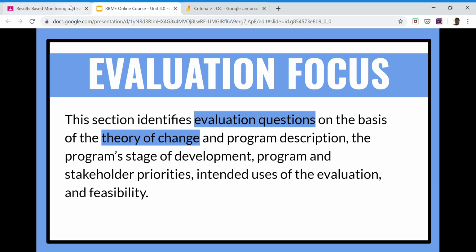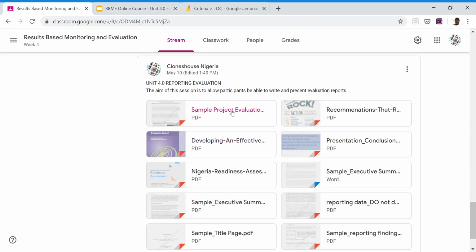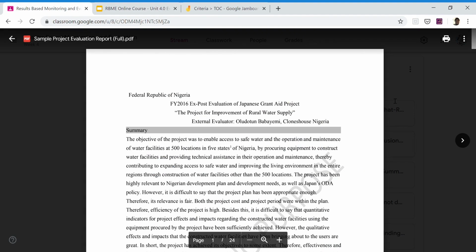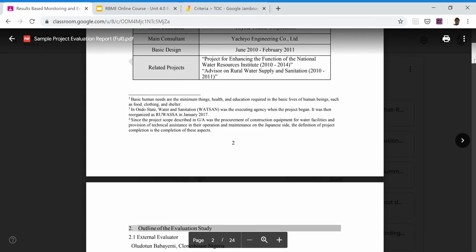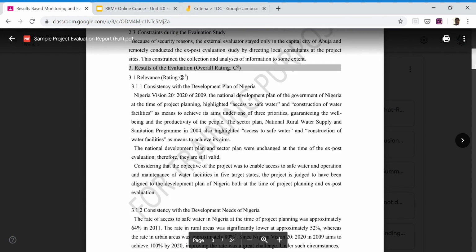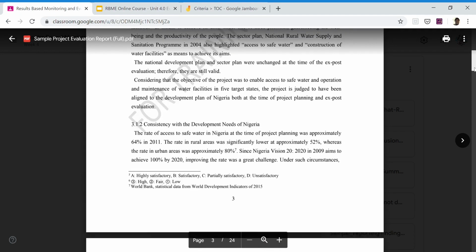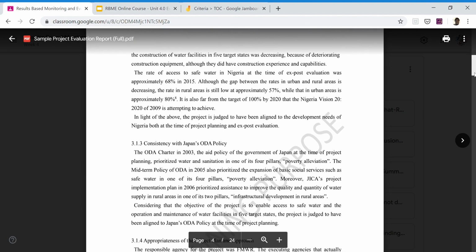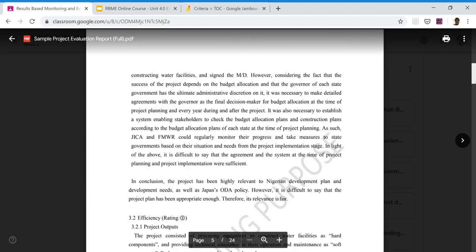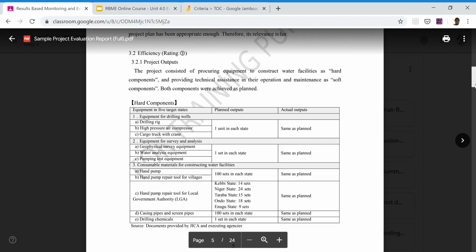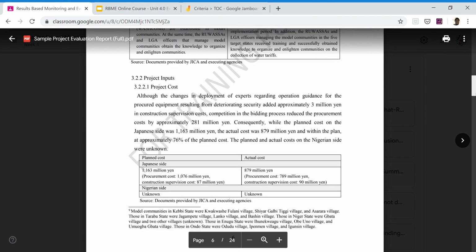So for example, if you look at this sample project evaluation, you see results in terms of relevance. This is an evaluation that was done before the change of the new criteria. So you want to think about project inputs.